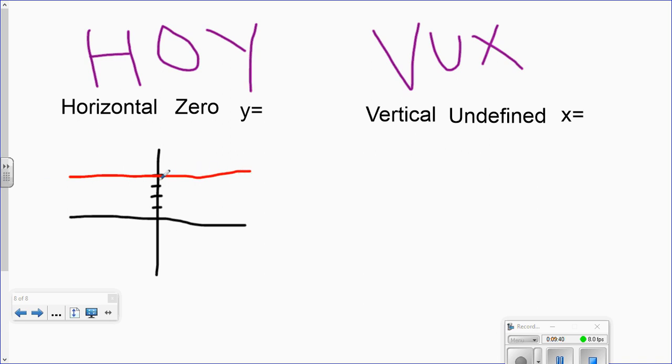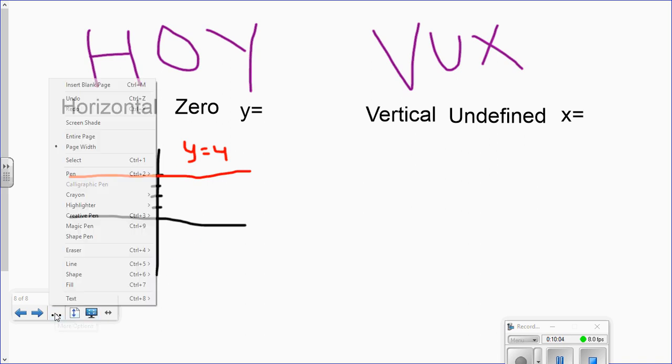We know this line has a 0 slope, and the equation is y equals 4, because this is where it crosses the y-axis. Okay, it's a horizontal line, has a 0 slope, that's why you don't have the x part in this equation, and it's a y equals, so it crosses the y-axis.